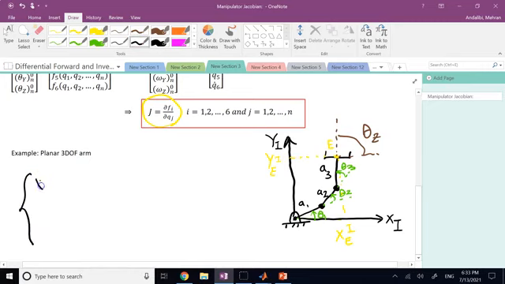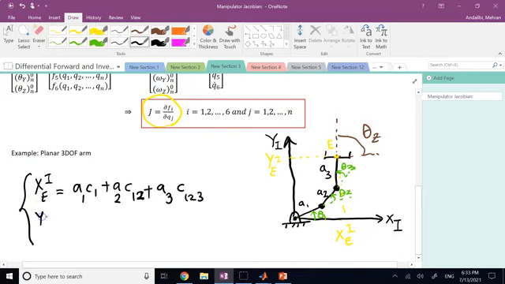Your x of the end effector in inertial is going to be a1 cosine theta 1 plus a2 cosine of theta 1, 2 plus a3 cosine of theta 1 plus 2 plus 3, so I can write it like this.